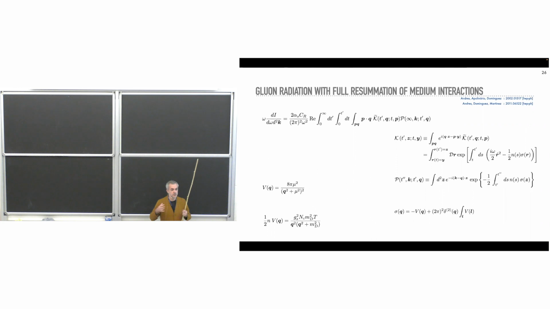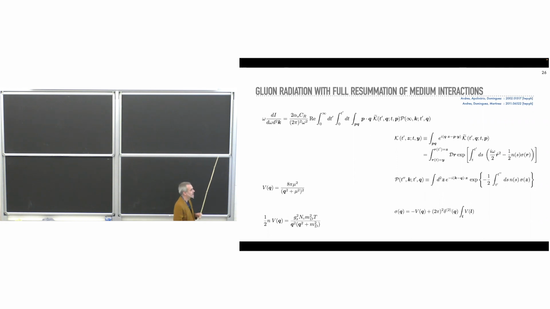The result by construction has to fail whenever an interaction with the medium is sufficiently hard, because a quadratic potential lacks the momentum to the fourth tail. So I'll never get it right for things that are hard enough.